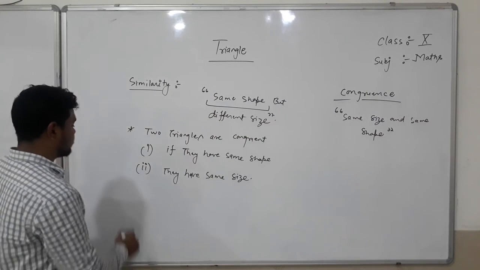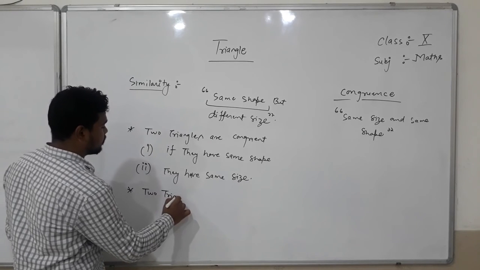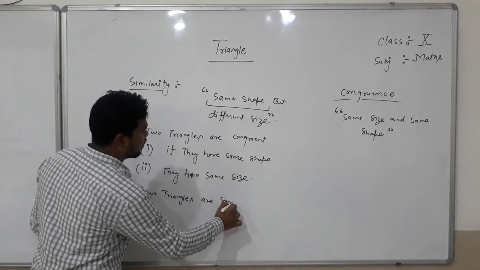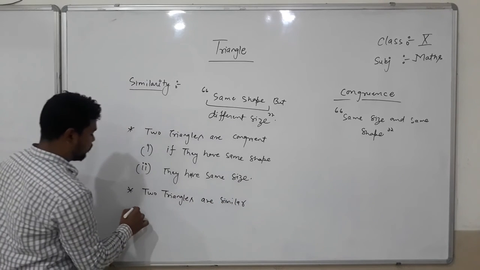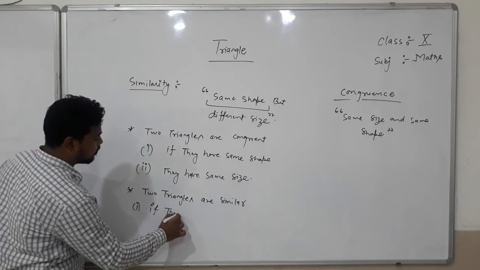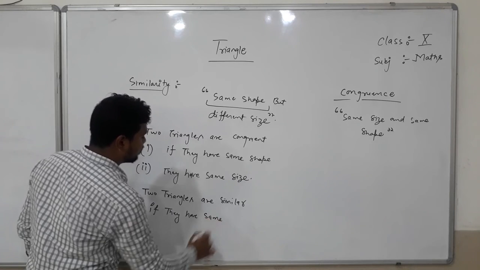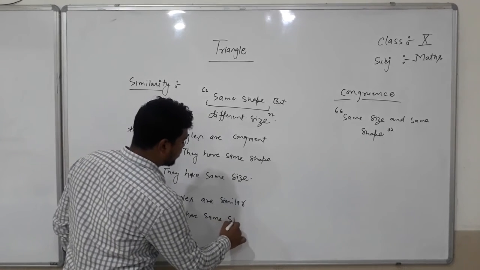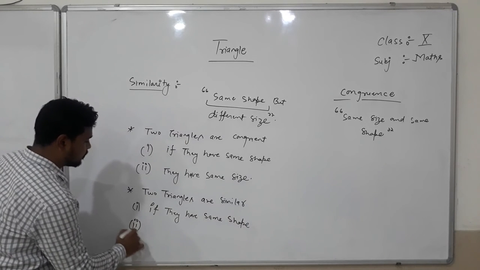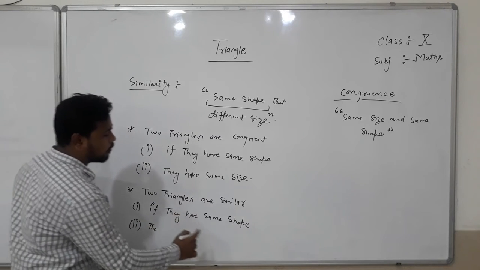And the second thing: two triangles are similar if, first, they have the same shape, their shape should be alike.